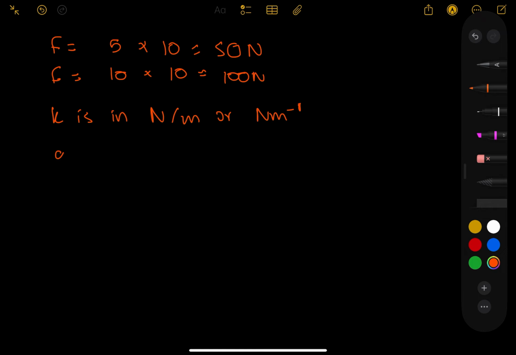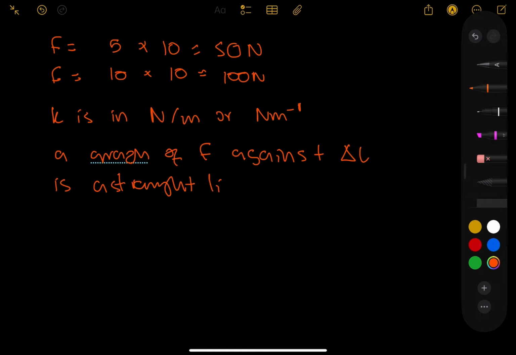A graph of F against delta L, which is extension, is a straight line passing through the origin, which basically just means it's proportional. And this only applies obviously for elastic objects or for springs.